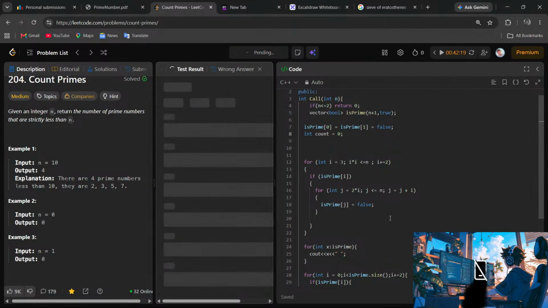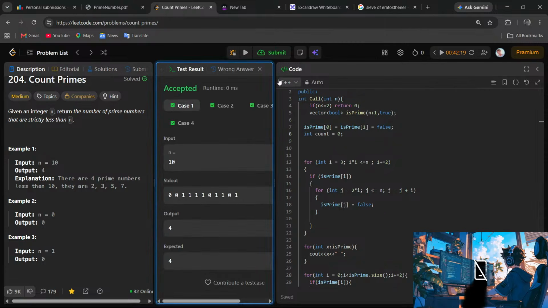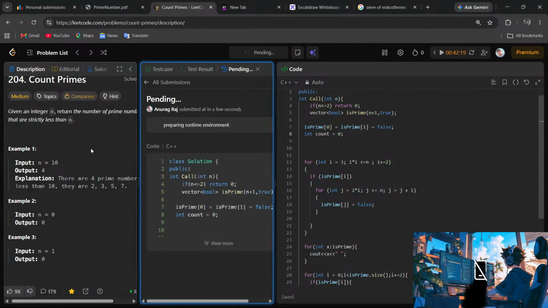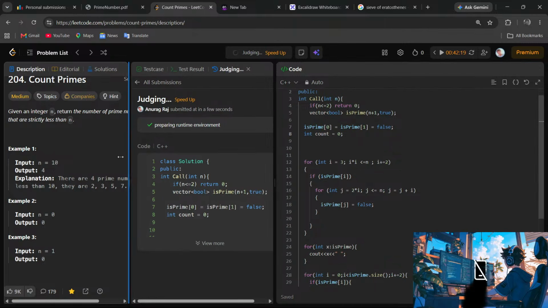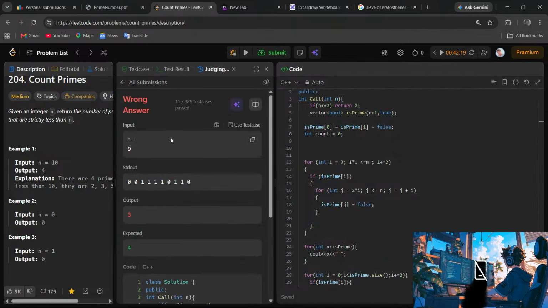If I write this and this is accepted, and at some point this is wrong, this will give me wrong answer, because I was thinking right.